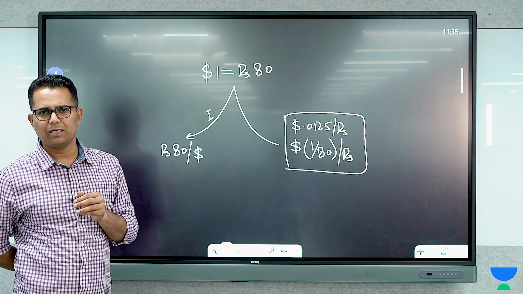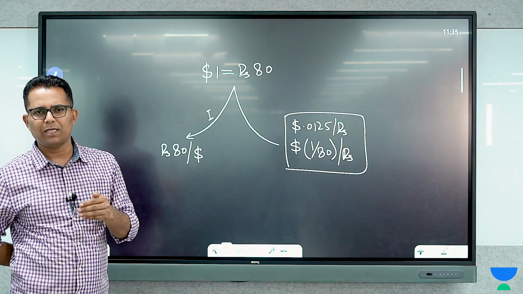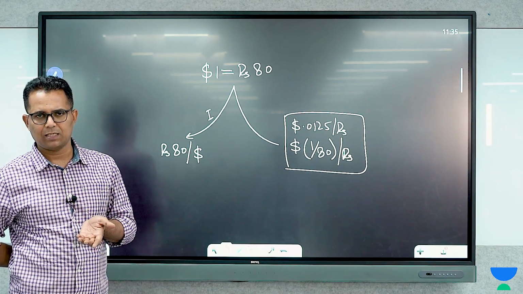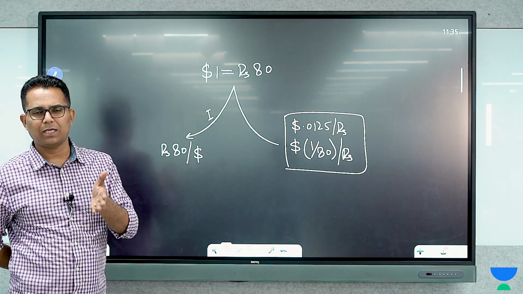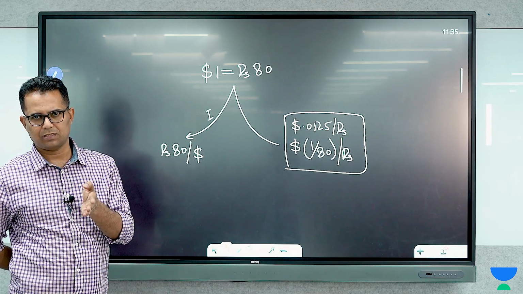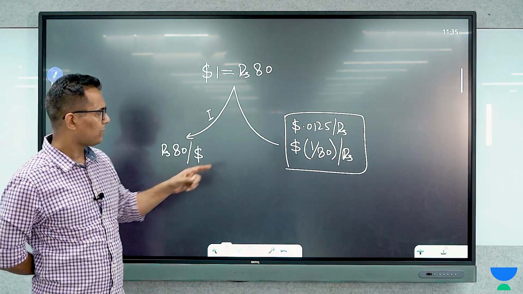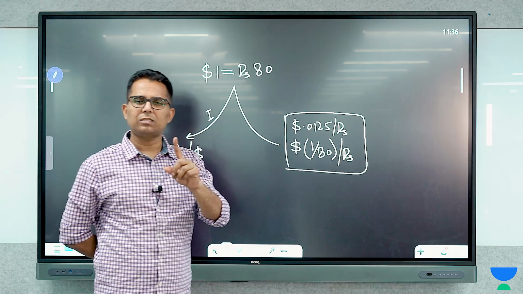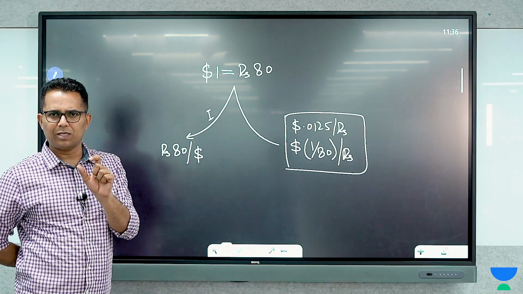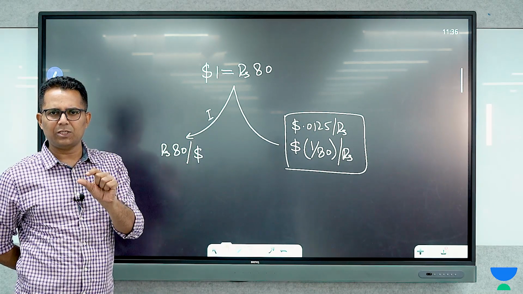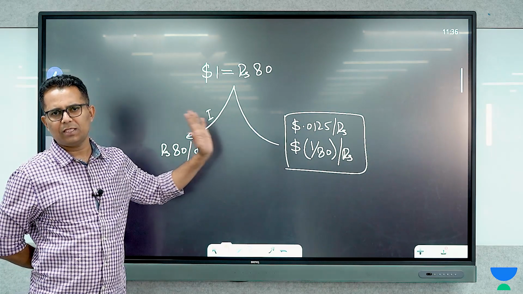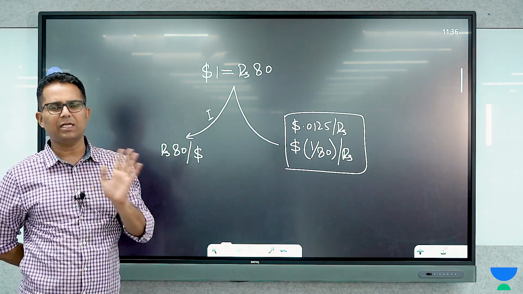But if I say India's nominal exchange rate is increasing, then you must know what the standard is. Because if this increases, it means something else. If this increases, it means something else. So whenever the word appreciation or depreciation is used, you can take any of these formats, it will not make any difference.